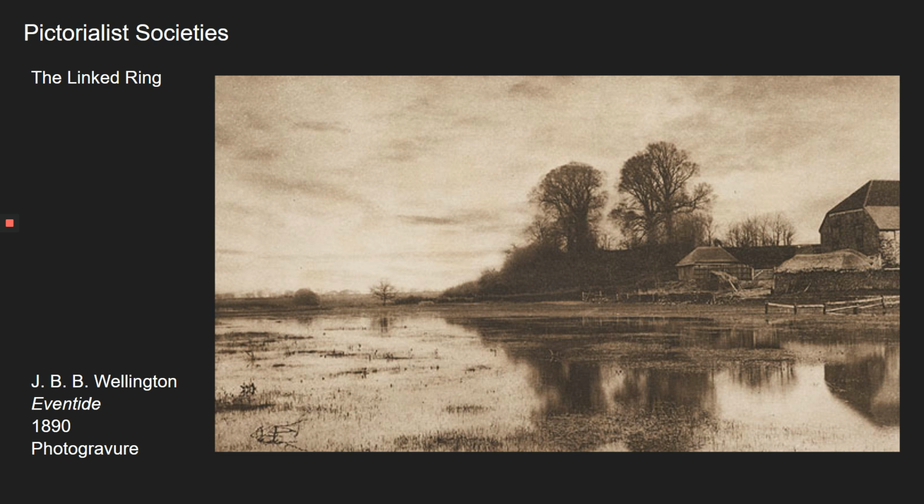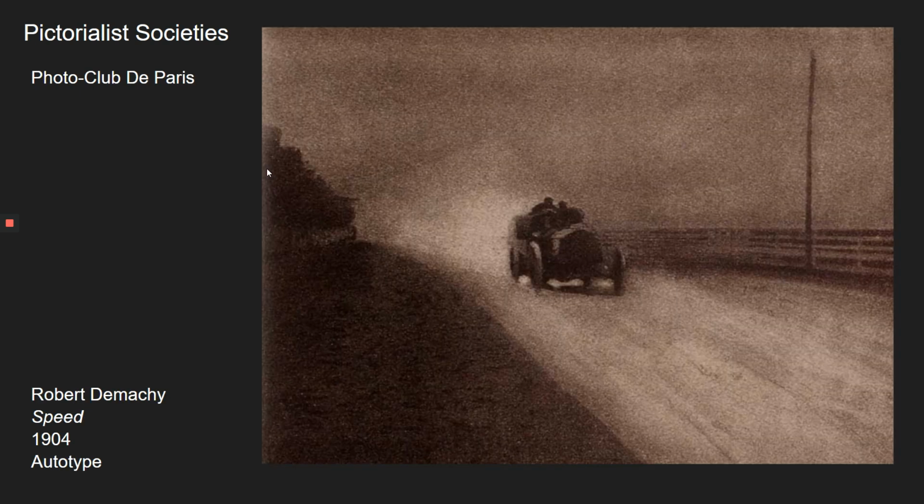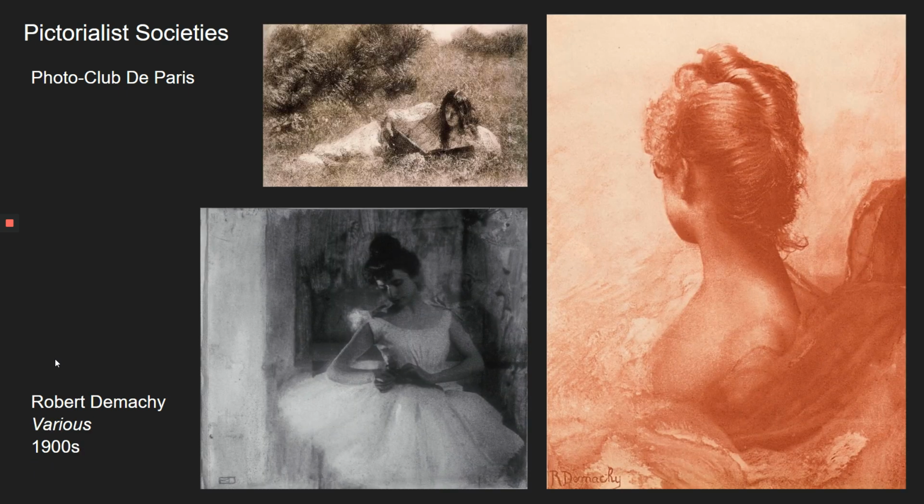Similarly, right, this is not too unfamiliar to our earlier landscape, but the treatment of it, the approach, technically entirely different. And then you have the Photo Club de Paris, Robert Demachy being one of the central figures in the Paris secession group. Here are more examples of his images.